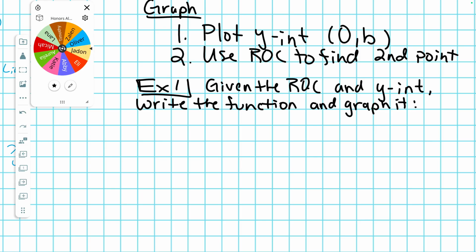Okay. All right, we will do this first one together. This first one, my rate of change is 3. My y-intercept is -2.